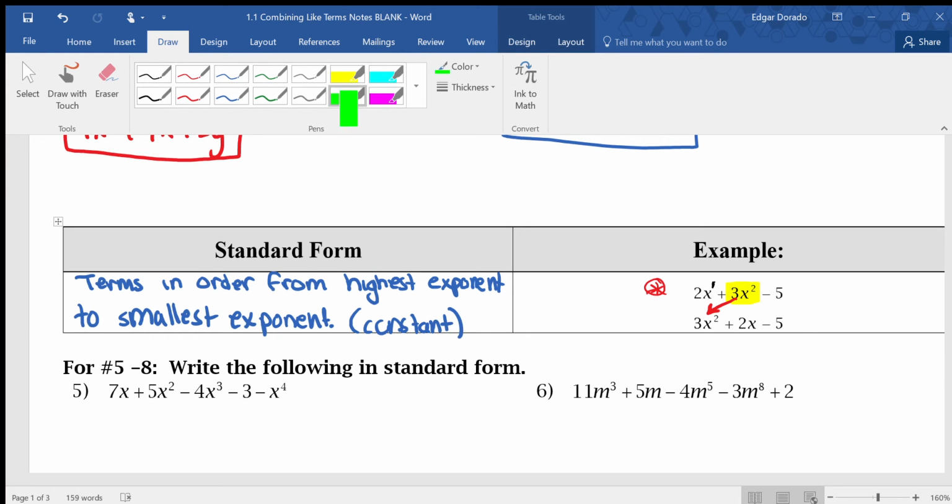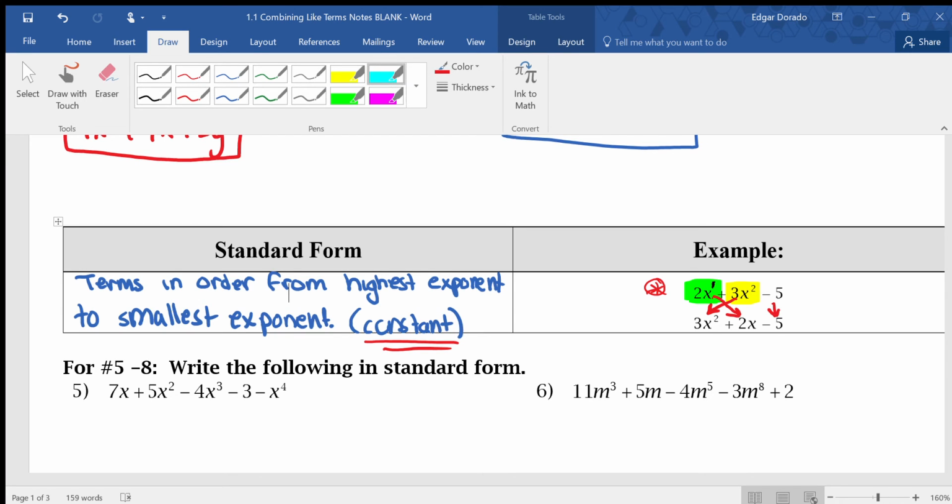Okay, the next one that I see that has the highest exponent, again, because even if you don't see it, there's really a little 1 in front of this x. So that is the next term that I'm going to put in my new form, my new standard form. And then finally, just like I mentioned right down here, the last term is usually going to be your constant because that one doesn't have an exponent attached to it.